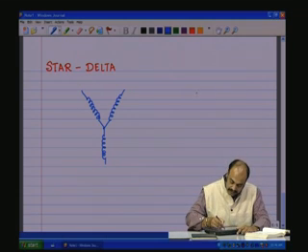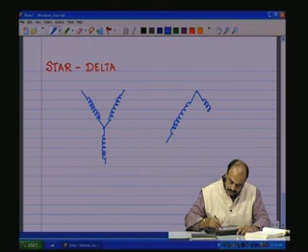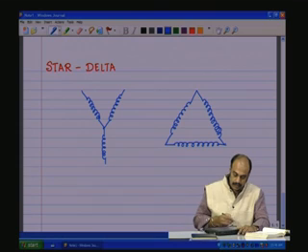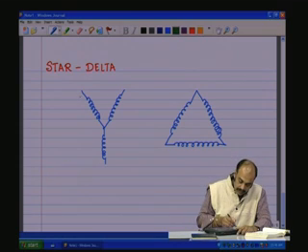The secondary is connected in delta, as shown here. Let us indicate the polarities.